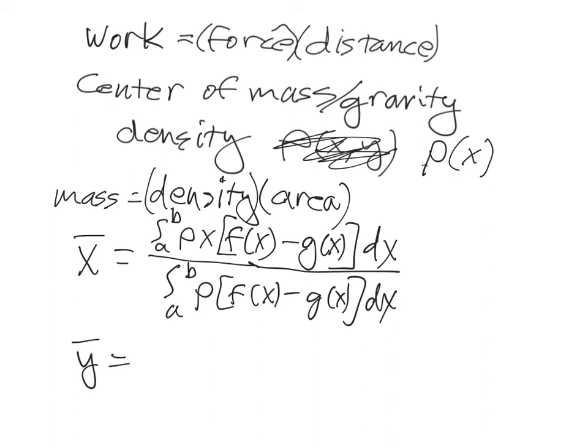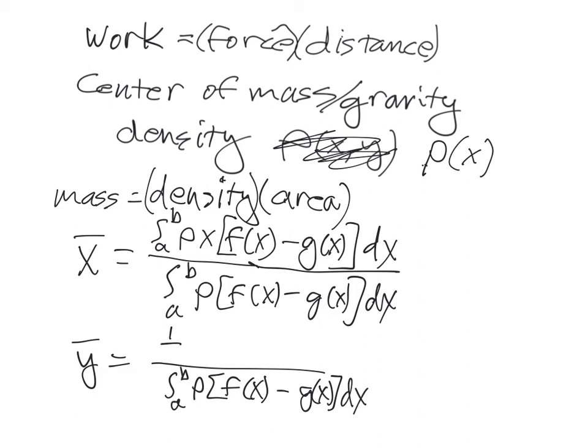And then y bar, well, we developed a different formula for it. Denominator is still the same, but the numerator, you remember what it is? One half times the top one squared minus the bottom one squared.